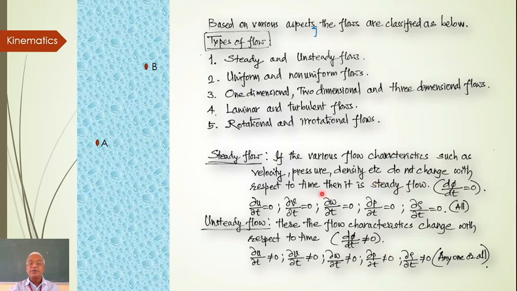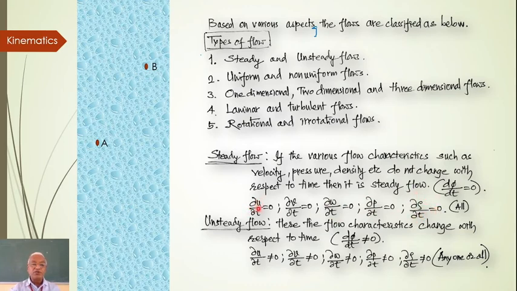So how it is represented, you can just see here. The velocity with respect to time, ∂u/∂t, that is partial differentiation with respect to time of u. The velocity in x direction is not changing with respect to time, so it is equal to 0. The velocity in y direction with respect to time is not changing. The velocity in z direction with respect to time is not changing. The pressure is not changing with respect to time. The density is not changing with respect to time.